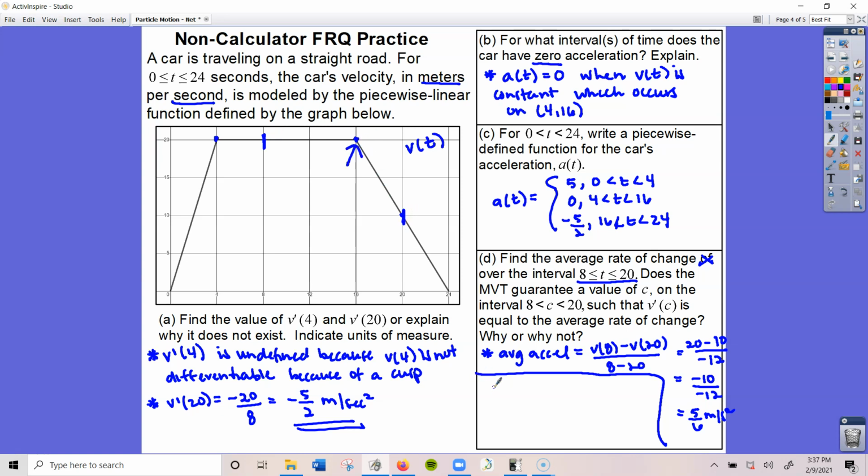So that means that over the interval, we have a point where it is not differentiable, therefore MVT is not applicable.